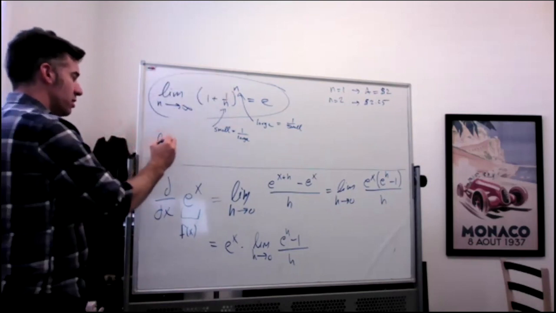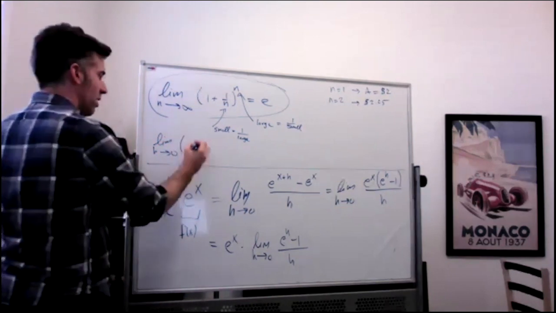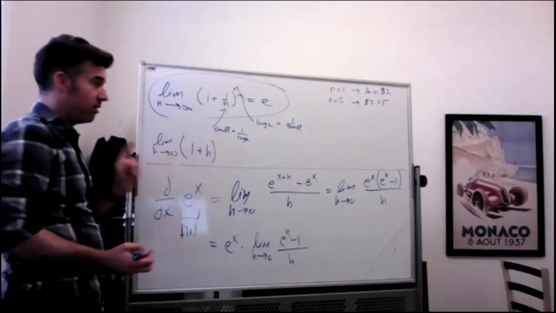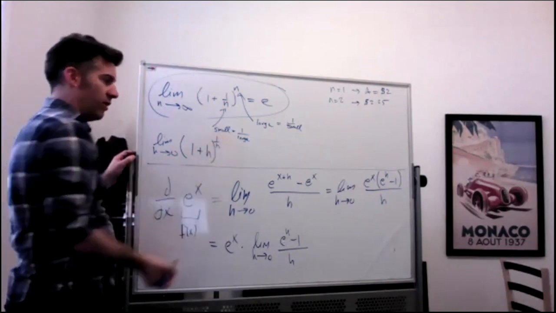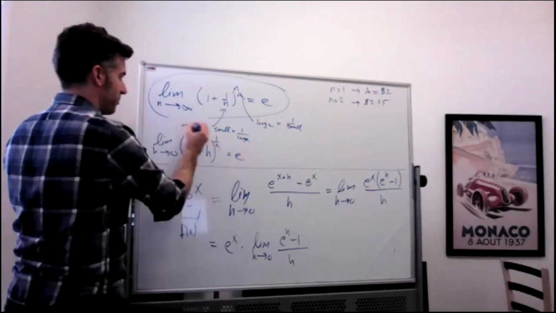And so it definitely works for this: the limit as h goes to 0 of 1 plus a small thing, h, to the reciprocal power of the small thing, 1 over h, is e.